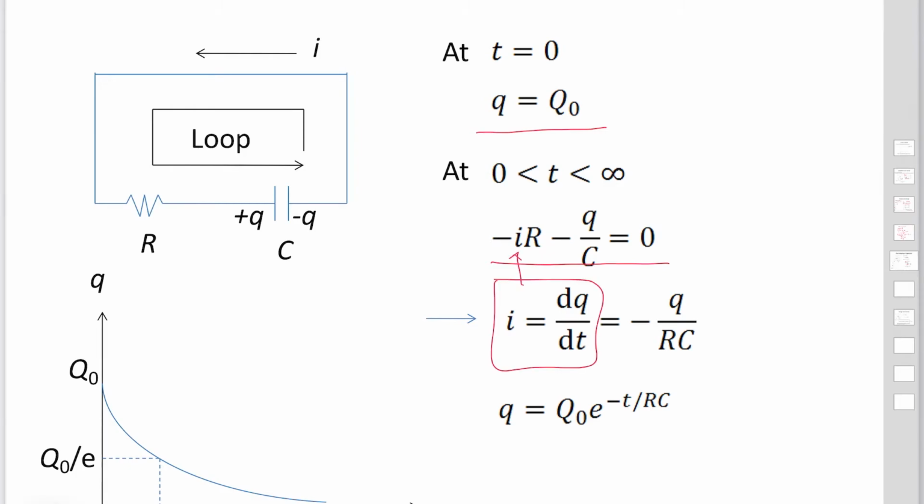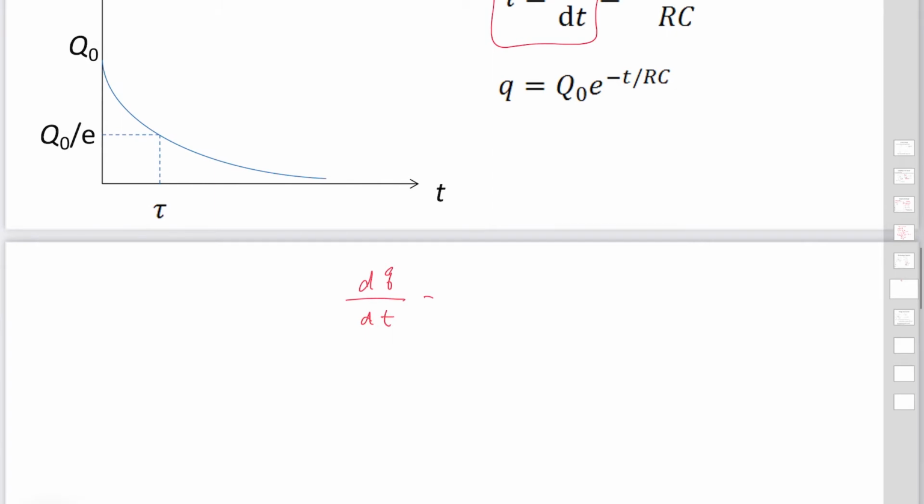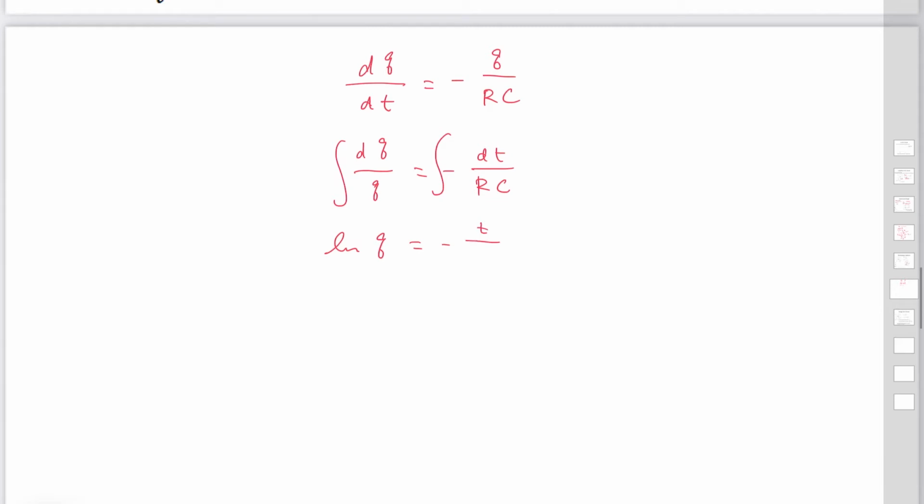Substituting this equation, it becomes dq over dt equals minus q over RC. You can solve this differential equation in a very similar way. Log q equals minus t over RC plus a constant. So q is expressed as C sub 0 exponential minus t over RC.